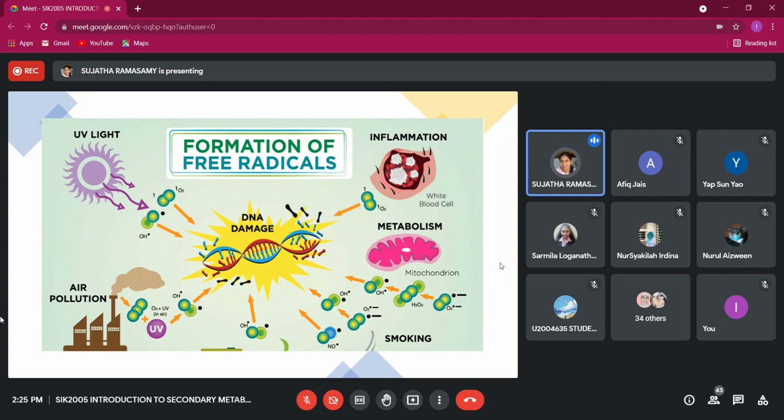Our body has the mechanism we call antioxidant, but you can't rely 100% on that. So you take external sources of antioxidants, mainly from fruits and vegetables, and they can be supplements.